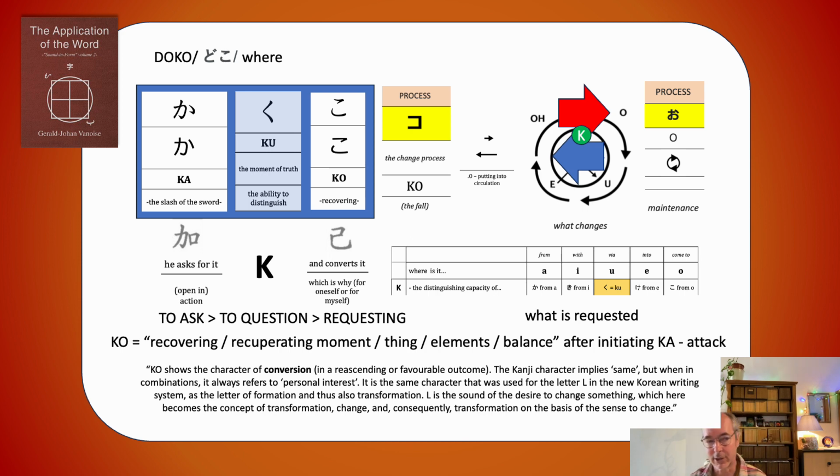We can distinguish what is useful in this distinction, saying this we can use and this we will not use. The Ko, in the end, is at the end of this process. It's about the process itself. What is this process of distinction about? It is about recovering. What can we recover from this distinction? Some things will not work.